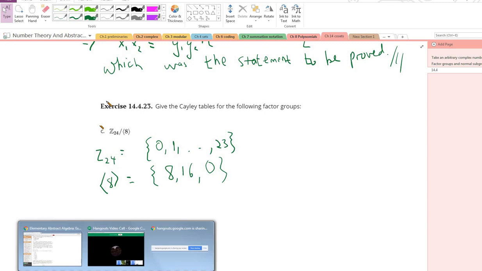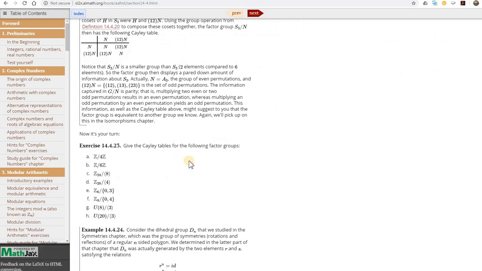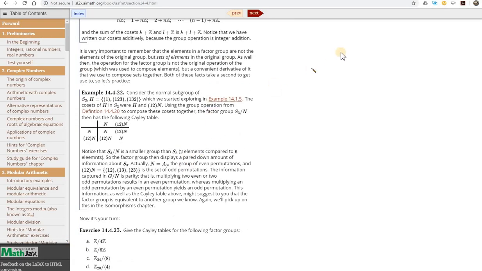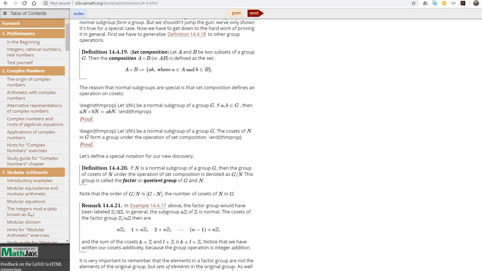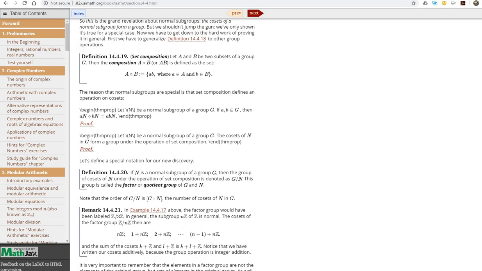Forward slash is defined... If N is a normal subgroup of group G, then the group of cosets under the operation of set composition is denoted as G/N. So there's your forward slash right there.